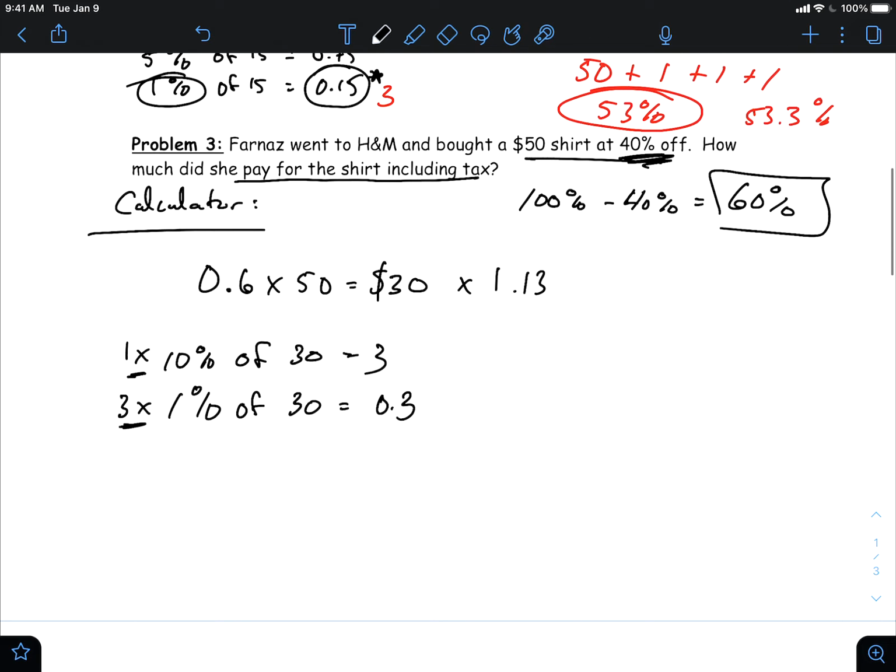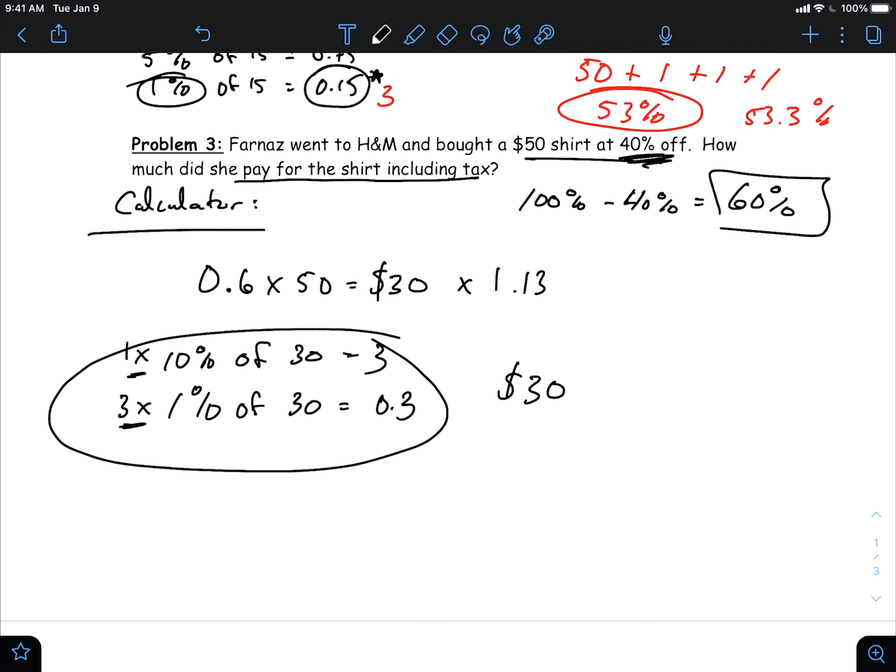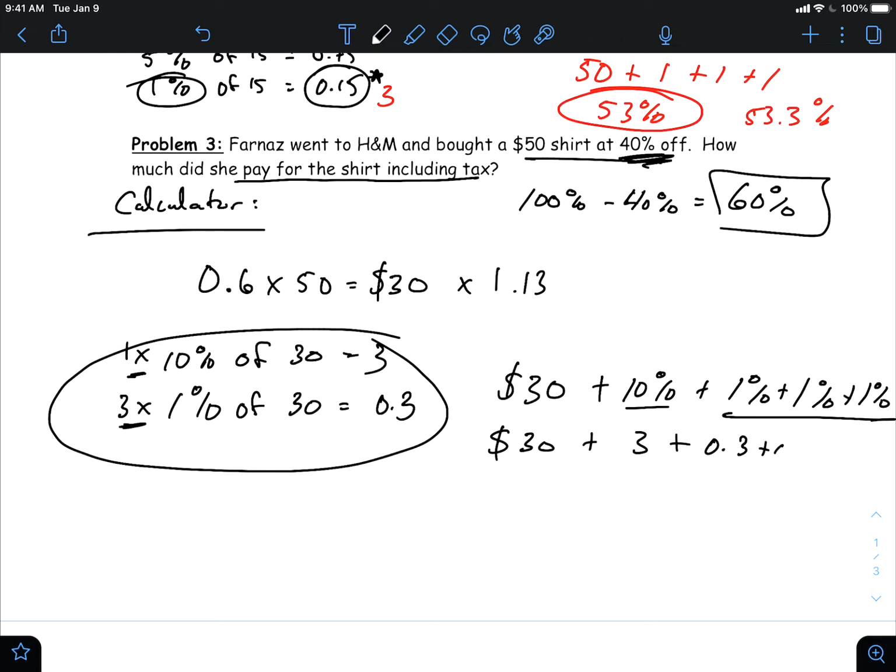So I'm going to take my original item, the $30, and then add in the tax pieces: plus 10%, plus 1%, plus 1%, plus 1%. There's your 3% and your 10% tax. And so we just figured out what the dollar amounts were: your original item plus 3 plus 0.3 plus 0.3 plus 0.3.